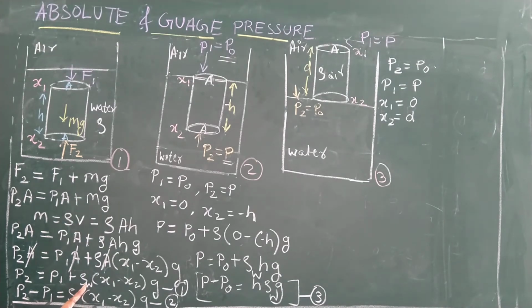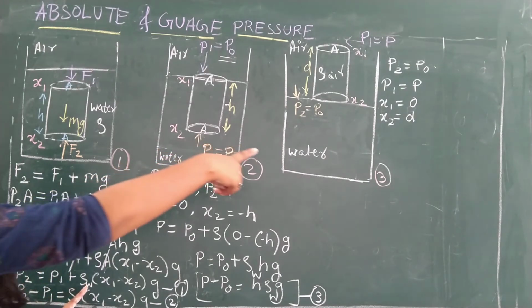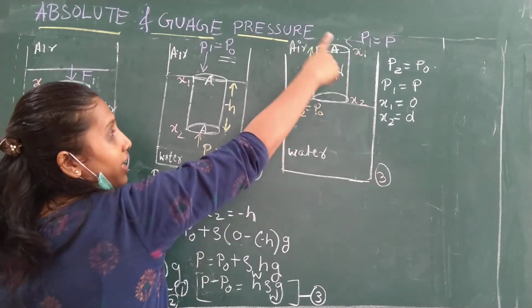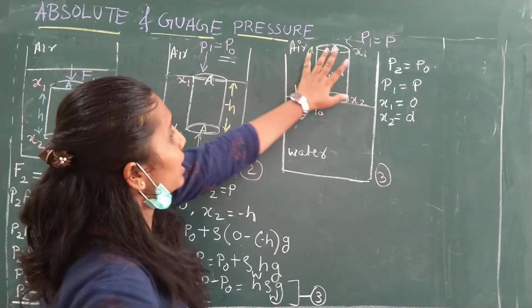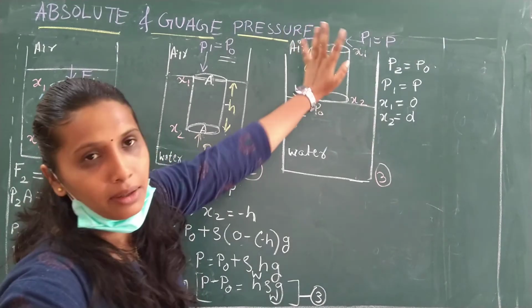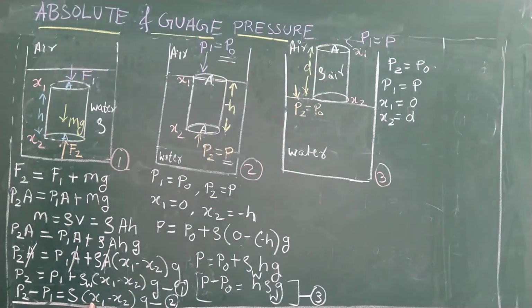Rho, the density, will now be the density of air, because we are considering the whole imaginary air column here, so whatever fluid is present inside is nothing but air. Instead of x1 there will be 0, x2 will be d, and g as it is.